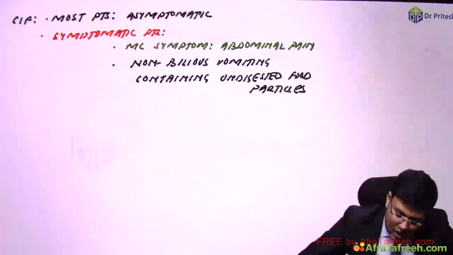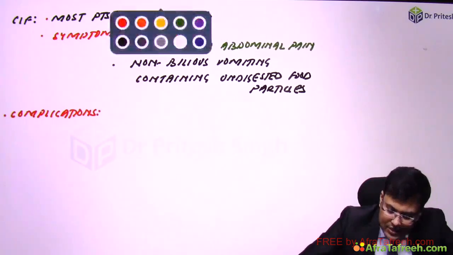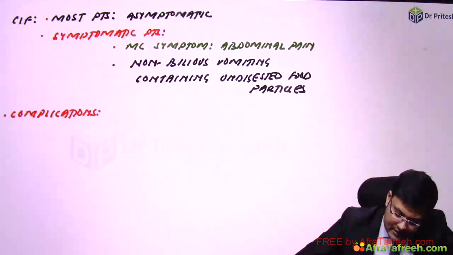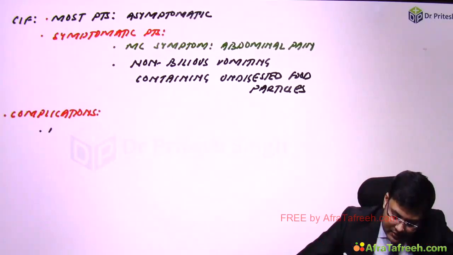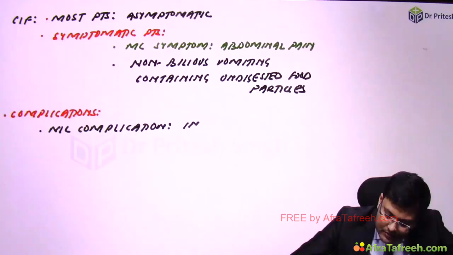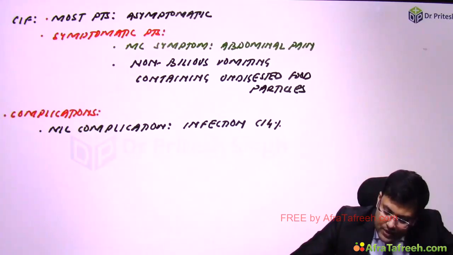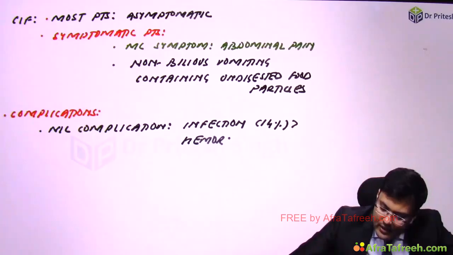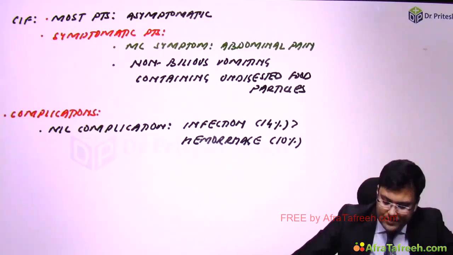After that, questions are asked, what are the complications of pseudocyst? So see the complications of pseudocyst. First, the most common complication is infection, seen in 14% of patients, followed by hemorrhage in 10% of patients.